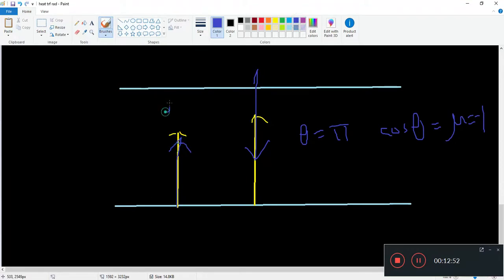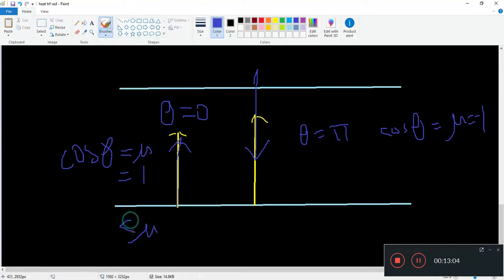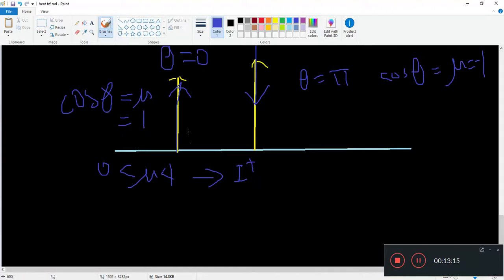This is theta equals 0, cosine theta equals mu equals 1. So for mu from 0 to 1, the relevant intensity is I plus, because that's the intensity going upwards.